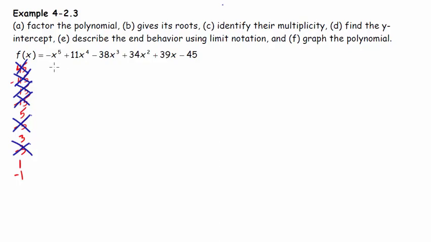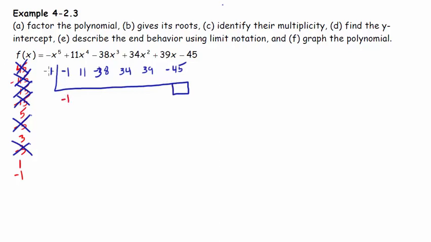So maybe let's start with 1. Negative 1, 11, negative 38, 34, 39, and negative 45. Bring down my negative 1, multiply and get negative 1, add and get 10.